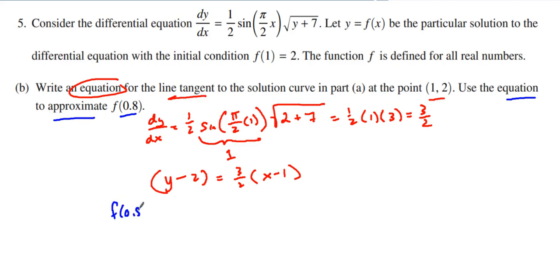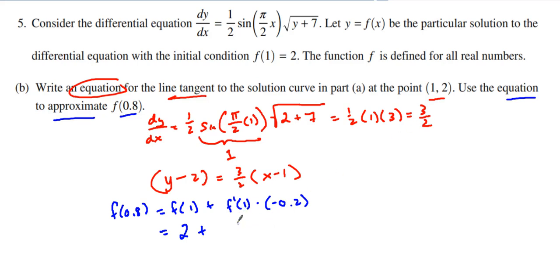So f of 0.8, we're going to do f of 1 plus f prime of 1 times delta x. The approximation is at 0.8, so the delta x is negative 0.2. We're going to approximate below that value by negative 0.2. And so we know what f of 1 is. F of 1 is equal to 2. They gave us that value.